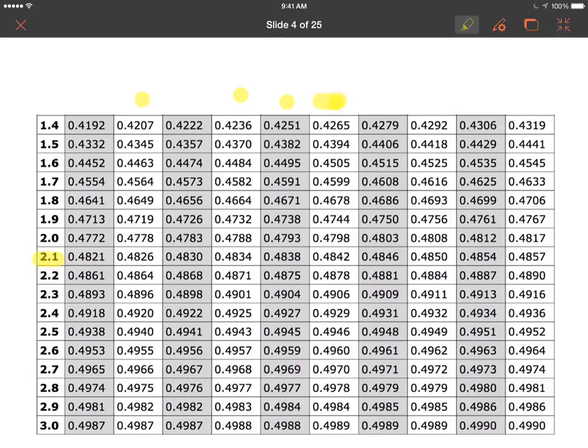So here's the 2.15, and so 0.4842 is the value that we wanted. Now the other one was 1.52, so again, go to 1.5 and scroll across to the 0.02, and you can see it's 0.4357. I apologize.